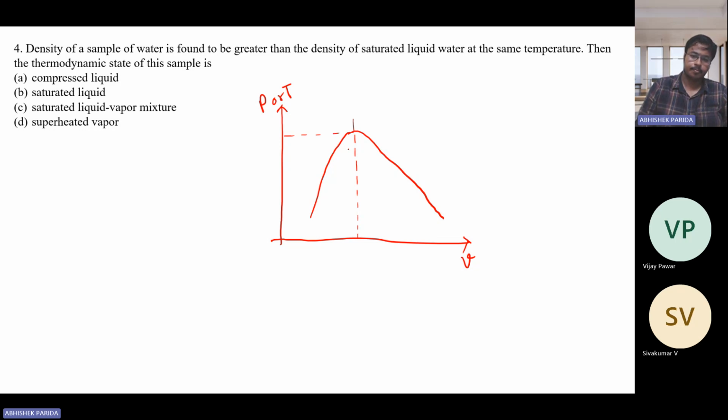Then what? It goes in a compressed liquid state, sir. Yeah, the correct answer is compressed liquid. This is the reason for compressed liquid. This is liquid plus vapor, and this is vapor.